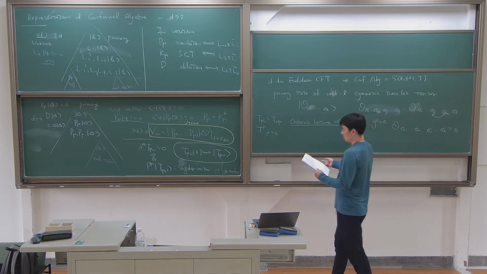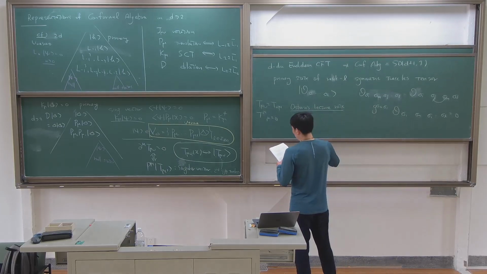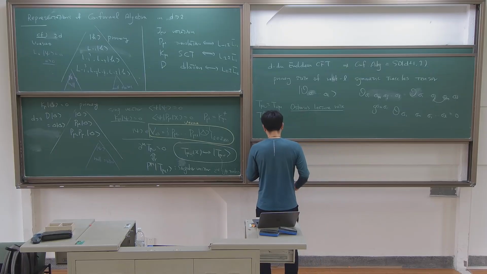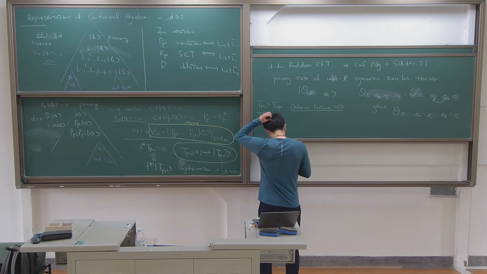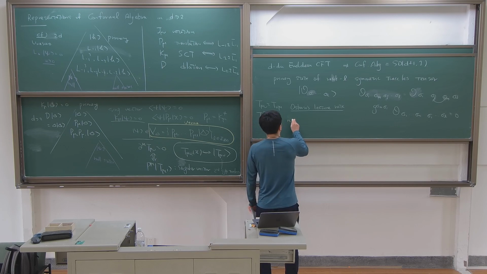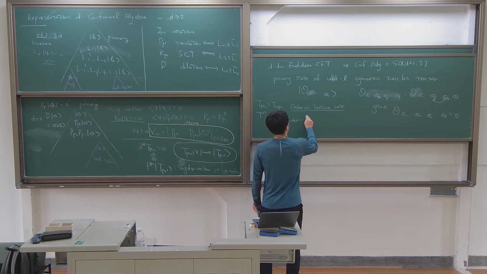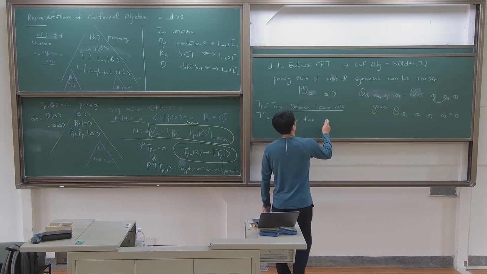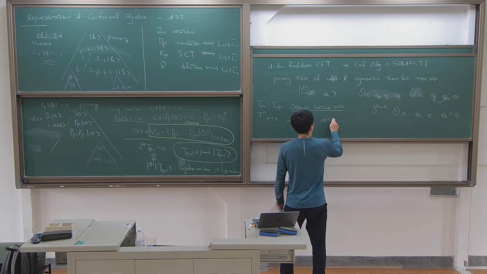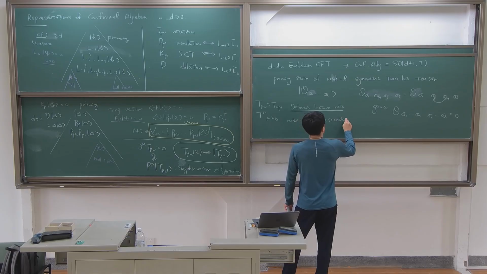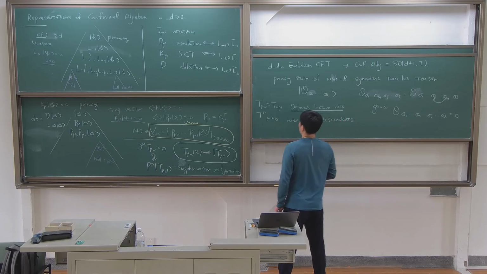To derive singular vectors, we construct an index-free descendant state. I just want to construct it index free.